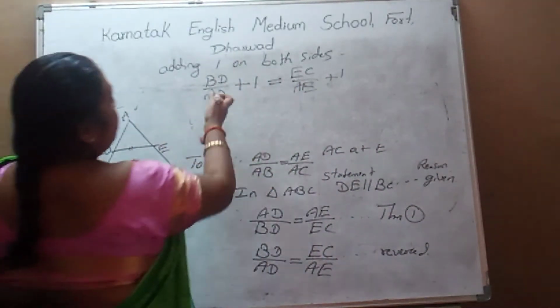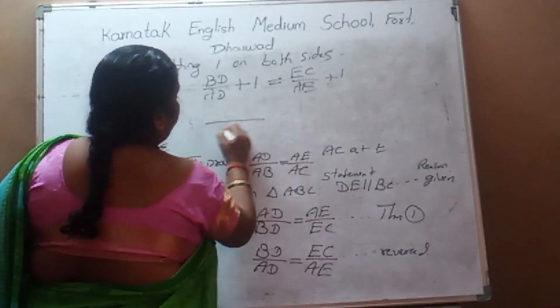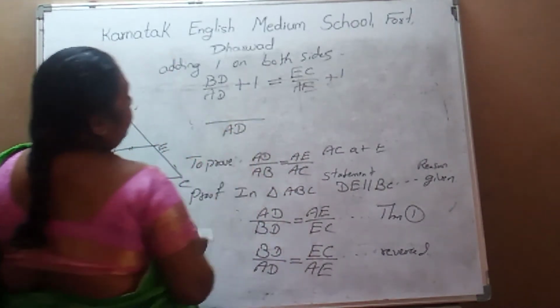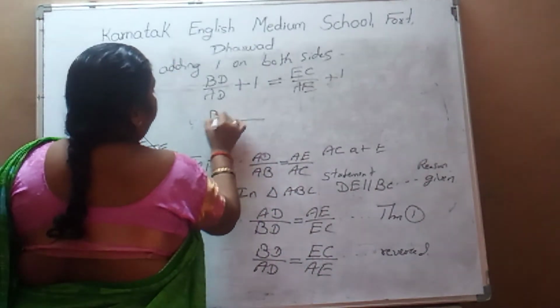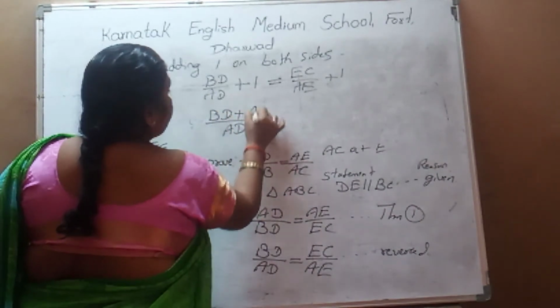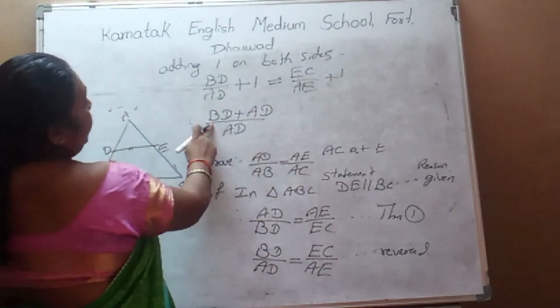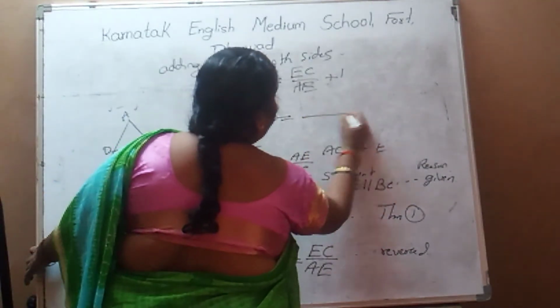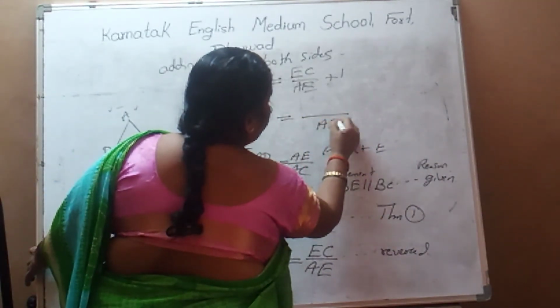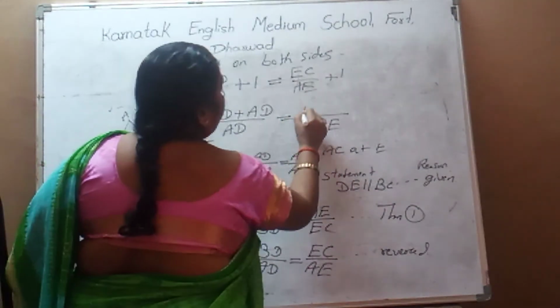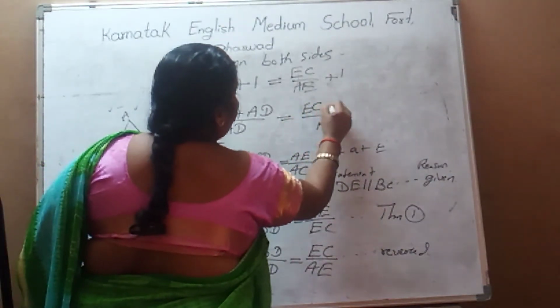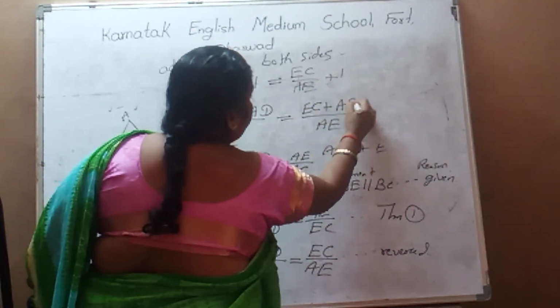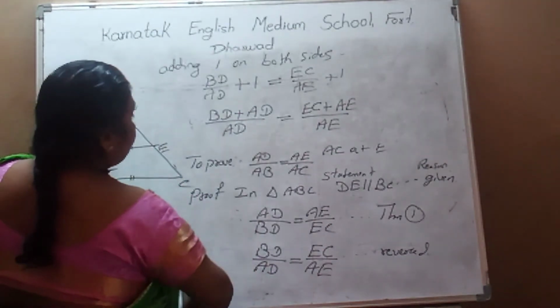So, this is in fraction. LCM is AD here, BD plus AD, equal to, here also AE is the LCM, EC plus AE.